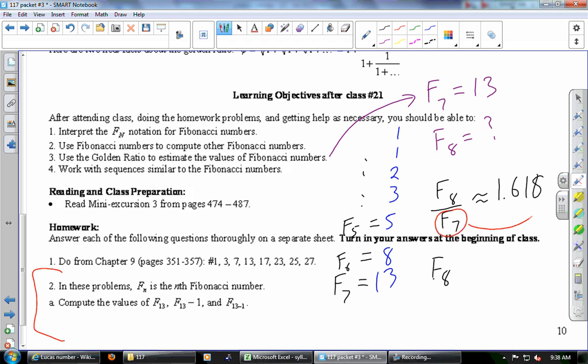And this guy would just leave the denominator because I'm multiplying by F7, and it would come over here. So here's something that we should believe to be true: the 8th number is roughly 1.6 times the 7th number. Does everybody understand the algebra we did? Multiply both sides by F7.